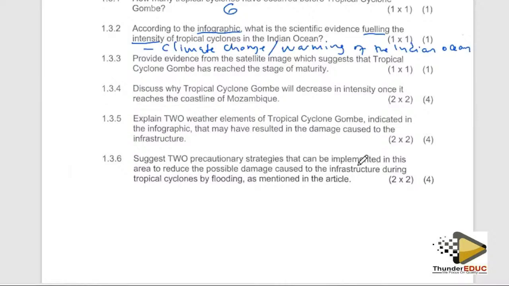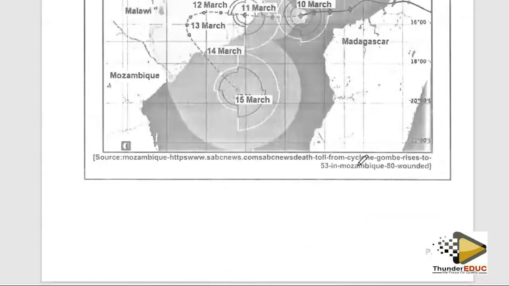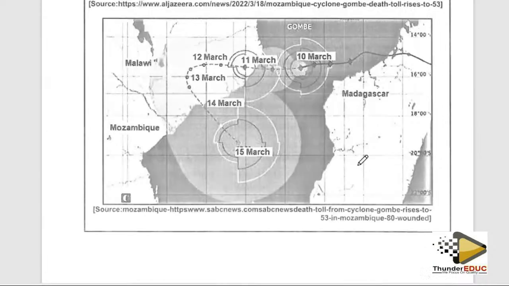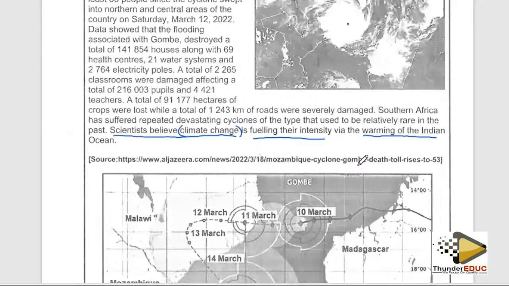1.3.3 says, provide evidence from the satellite image which suggests that the tropical cyclone Gombe has reached the stage of maturity. Right. Let's check on our satellite images to prove that Gombe reached the mature stage. Right.